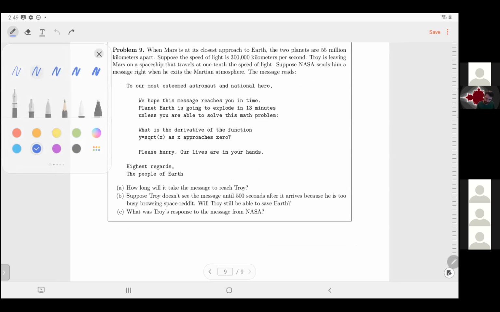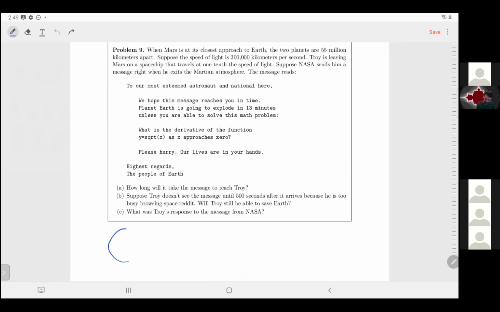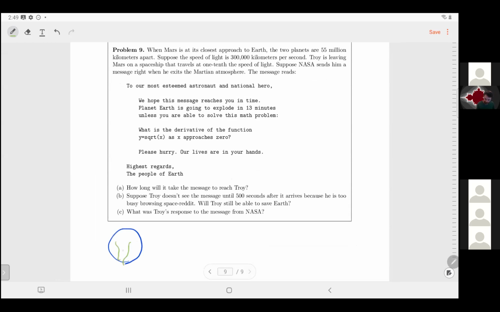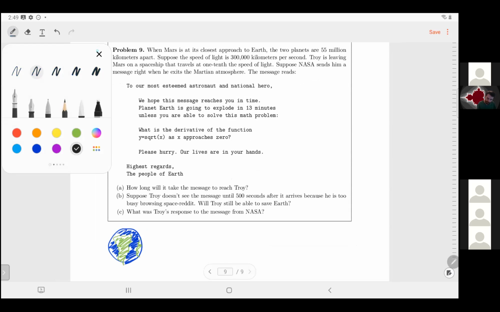Okay, so we're imagining we have planet Earth here with all its water and its continents and stuff. Cool. That's planet Earth. And mission control is asking for help because the Earth is about to explode. So I'm just going to draw a picture because why not? And they're relaying this message.